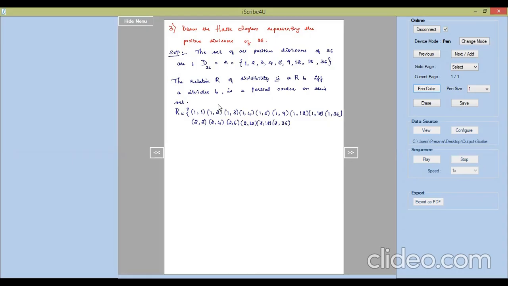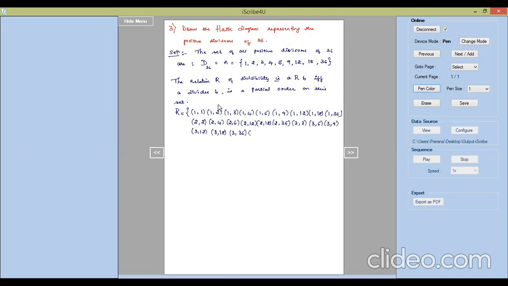Next we start with 3, so it is (3,3) first, then (3,6), (3,9), (3,12), (3,18), (3,36).